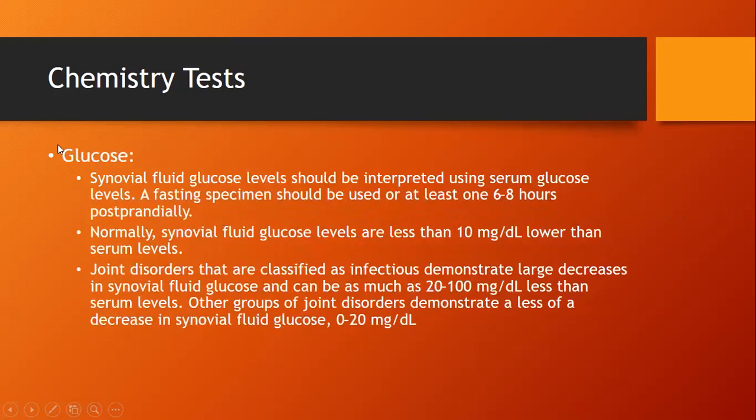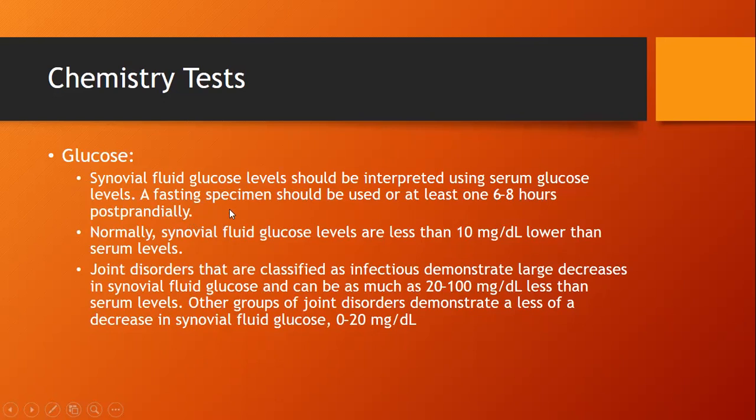Glucose also may be determined in synovial fluid, and this is usually interpreted using serum glucose levels. A fasting specimen should be used, or at least 6 to 8 hours postprandially. So before we collect a sample, the patient is asked to fast for 6 hours.